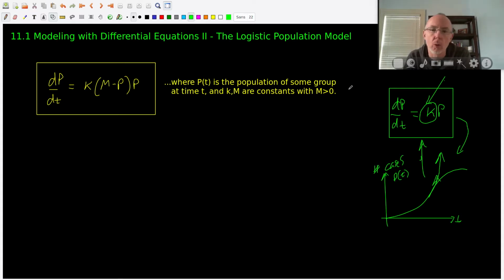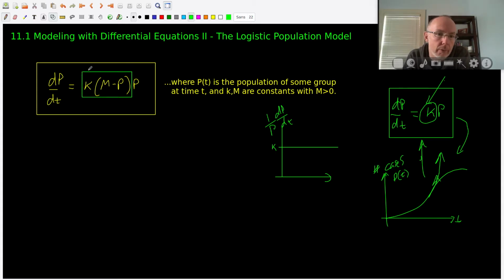and we assumed it was a constant in our first model. So we introduced this new improved model where if we look at the growth rate itself, you can think of this literally as plotting the fractional growth rate, so 1 over P dP/dt, and in our original model that was K, so it was a constant. But in our new model, the rate of growth is this thing multiplying the P, and it's a decreasing function.